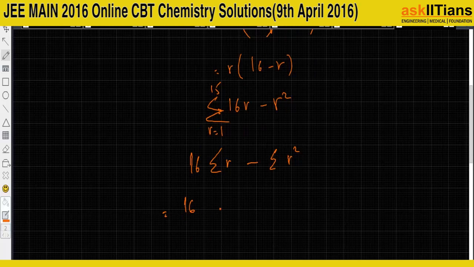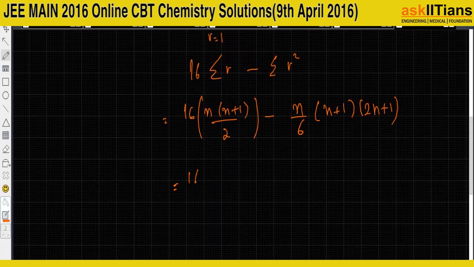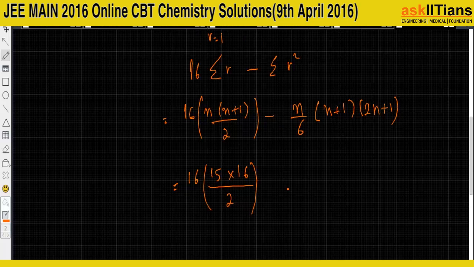Now sigma R is n into n plus 1 by 2 minus sigma R square, which is n by 6, you might be knowing the formula, n plus 1 into 2n plus 1. Now put n equal to 15 simply. So 16 into 15 into 16 divided by 2 minus 15 by 6 multiplied by 16 and 30 plus 1, 31.